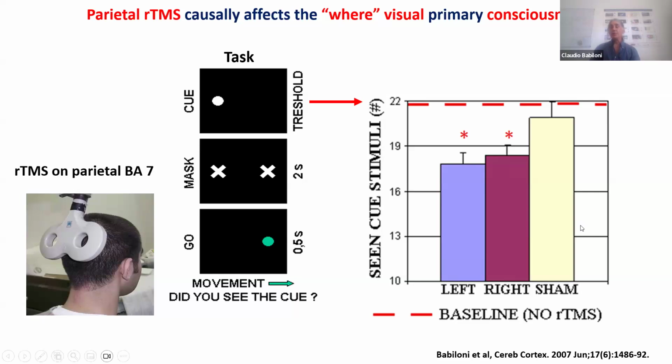So we could conclude that the visual primary consciousness is due to different areas, and the perturbation of Brodmann area 7 in the parietal cortex is interfering in a small but significant way in the visual primary consciousness of a spatial feature of the cue stimulus, right or left.